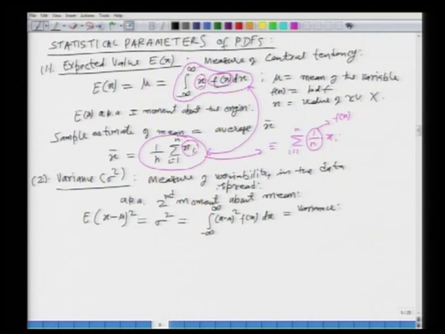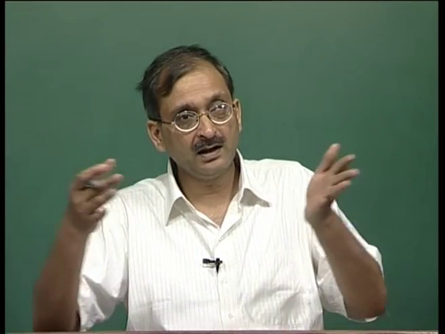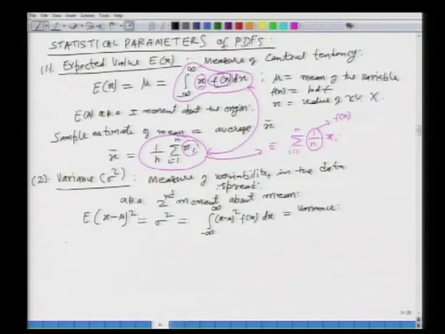This type of moment will give you an idea about how the PDF is spread around the mean. Is it very large or is it very small? All right, I will draw the figure and we will come to that later. Okay, what about the sample?